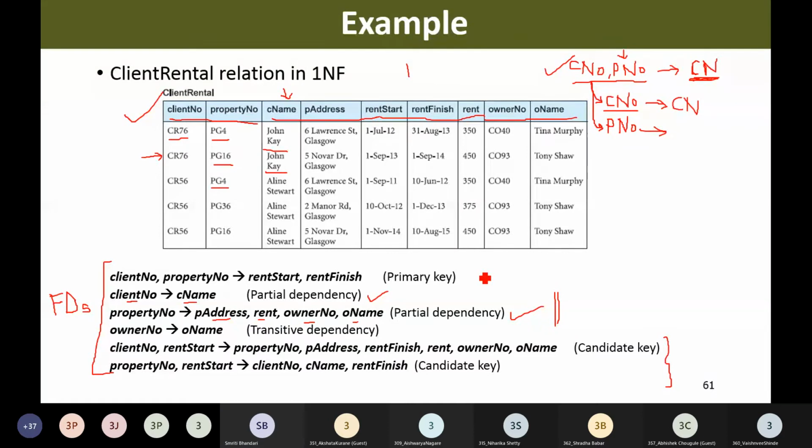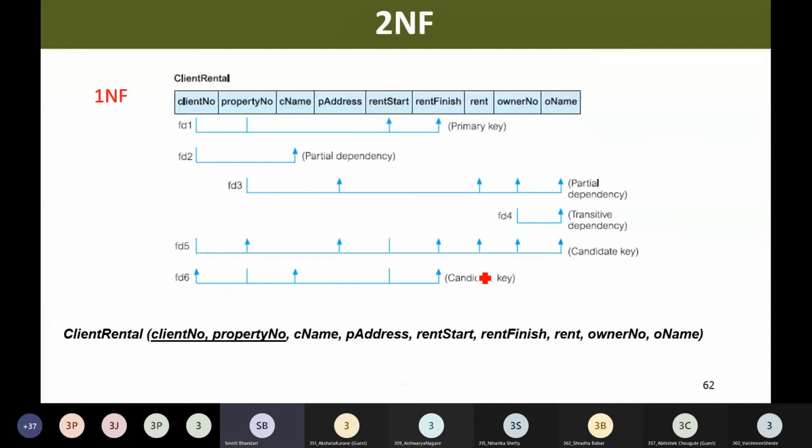That is the question, right? So we are going to address this issue now. I hope you have understood whatever we are discussing. So we are going to address how to remove the partial dependencies, right? And once we remove the partial dependencies, we come up with second normal form.